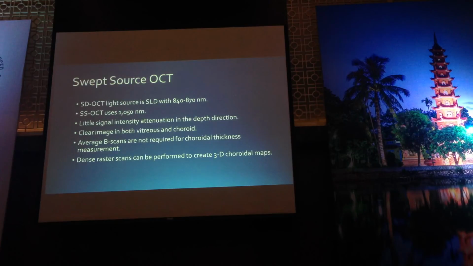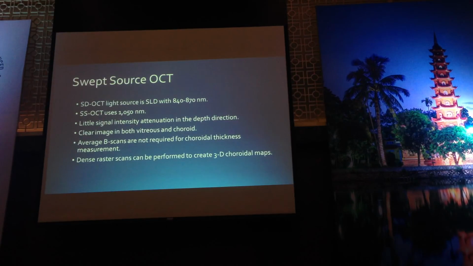But the SS, or swept source OCT, uses a wavelength of more than 1000 nanometers to shine to the eye. With this kind of longer wavelength, there's little signal intensity attenuation in the depth direction, and the images of both vitreous and choroid are clear with the swept source OCT.